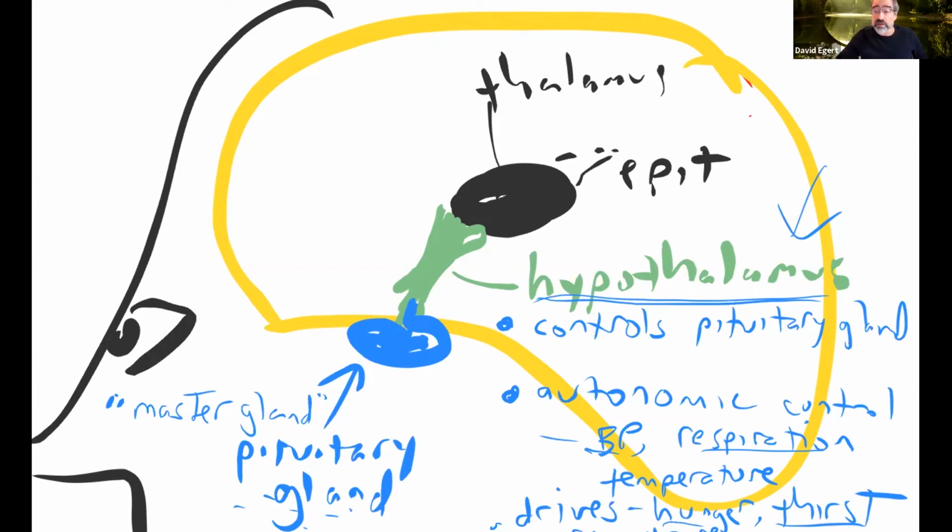If your osmolarity gets too high, you're going to have parts of your hypothalamus turning on that say, I'm thirsty, I need to drink more water. There are emotions in here too: rage, pleasure, etc. So there's a lot going on in the hypothalamus.